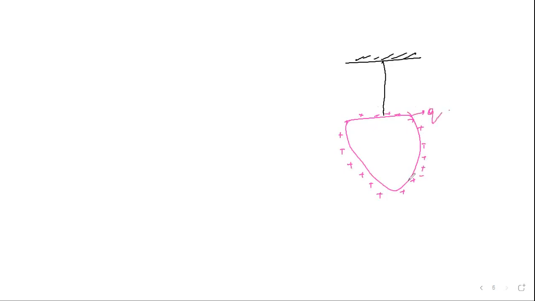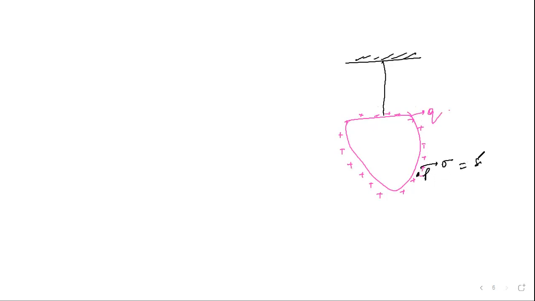So the idea is like this. I have a lump of copper again. Now it has some positive charge, let that be Q. Now select a certain point P, some point P here, where the surface charge density is sigma.